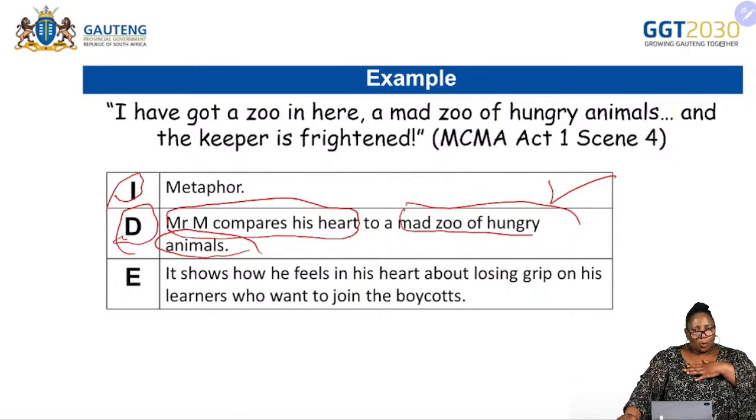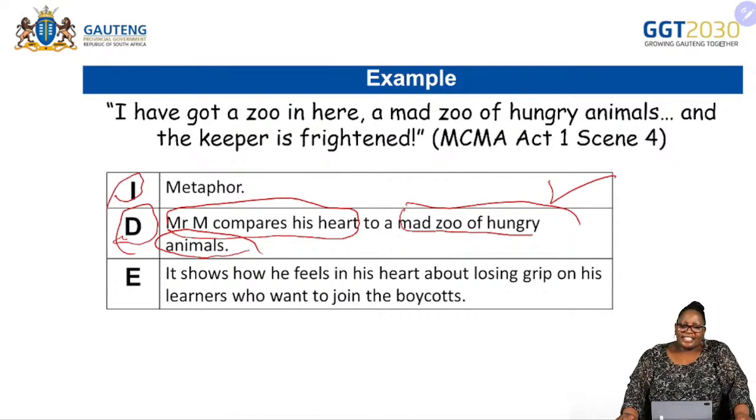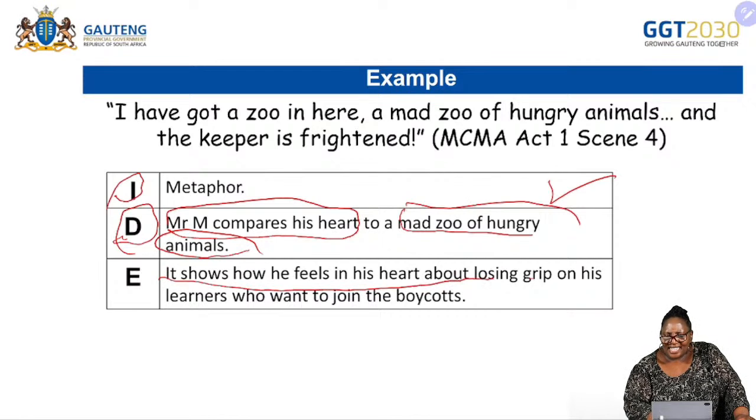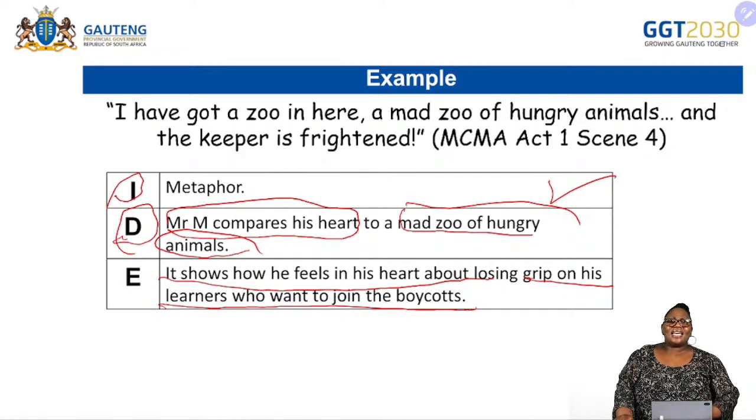He's comparing his own heart to a mad zoo of hungry animals. The explanation thereof, it shows how he feels in his heart about losing grip on his learners who want to join the boycott. So he is mad inside.